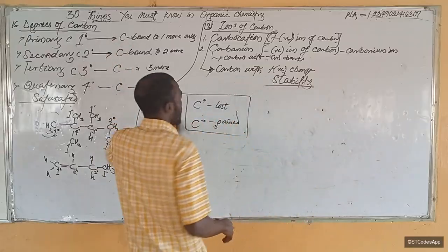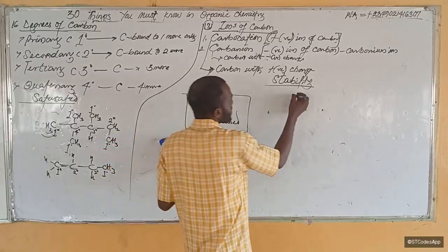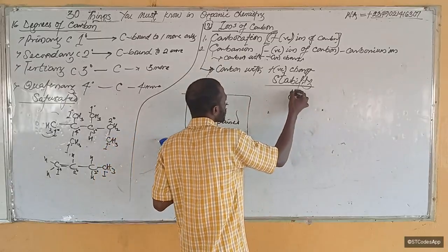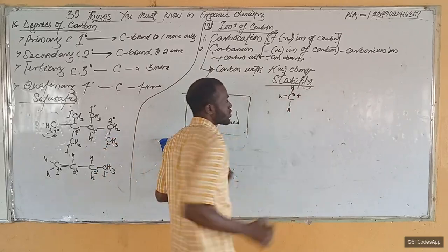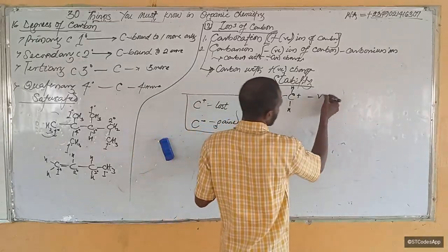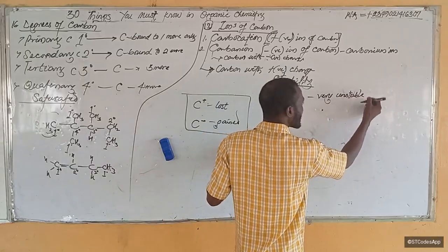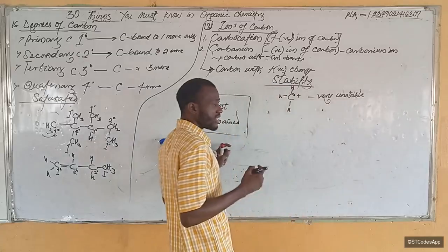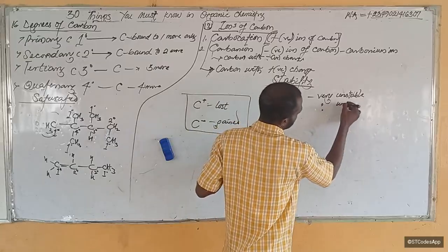Using these degrees of carbon, we will know stability. A methyl carbocation does not pretty much form. Why does this not form? Because of stability. It is very unstable, hence very unlikely to form.